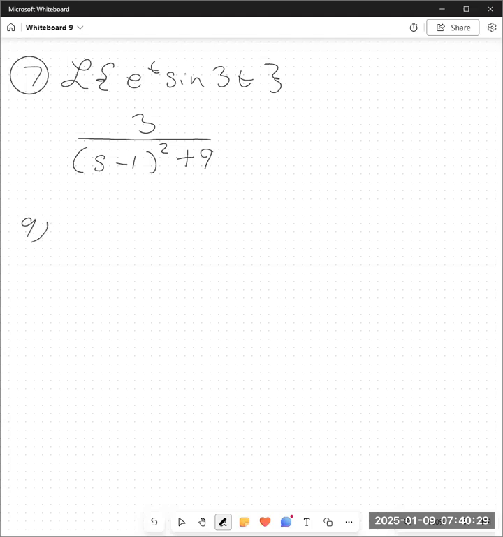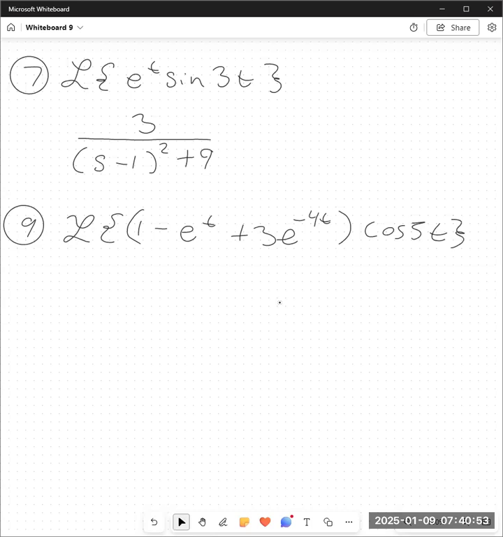Number 9 is Laplace transform of 1 minus e to the t plus 3 e to the negative 4t, all in parentheses, cosine of 5t.